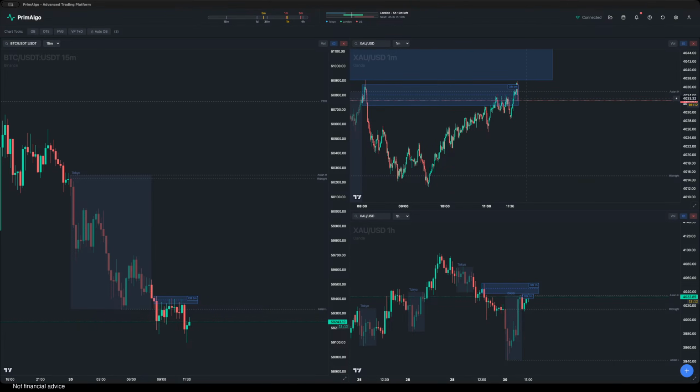All right, let's see what gold does. Could just tag this level here and then go up. Let's see. That's really possible. So from here.